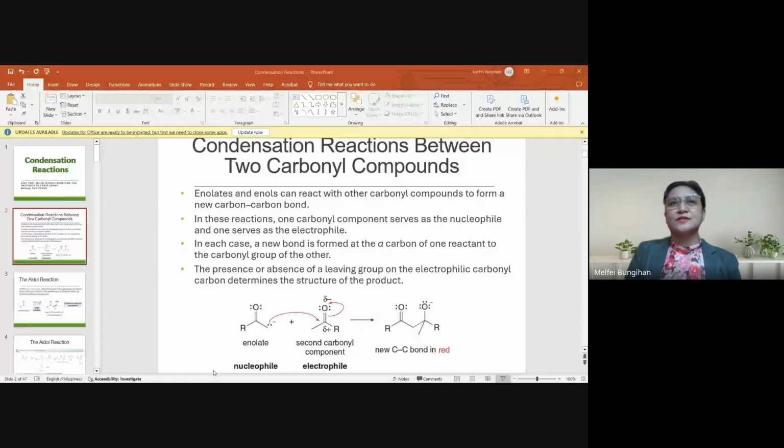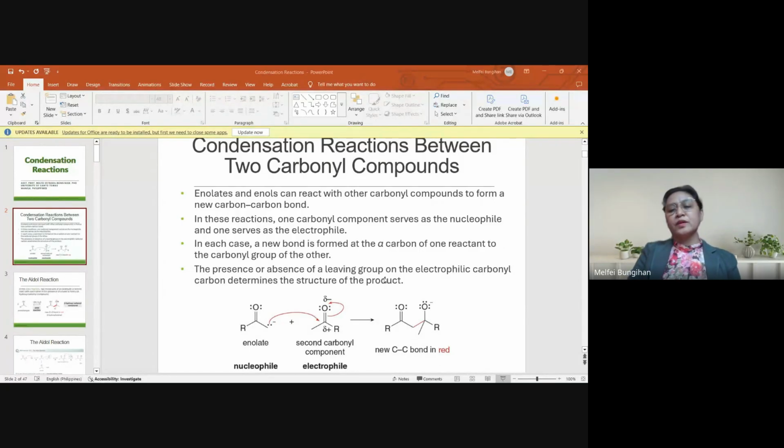And this is possible in the presence of a base which abstracts the acidic proton that is alpha to your carbonyl. That's why you form lone pairs where your alpha hydrogen was. In doing so, this enolate attacks your enol, and so the formation of a new carbon-carbon bond, shown in red, is possible.